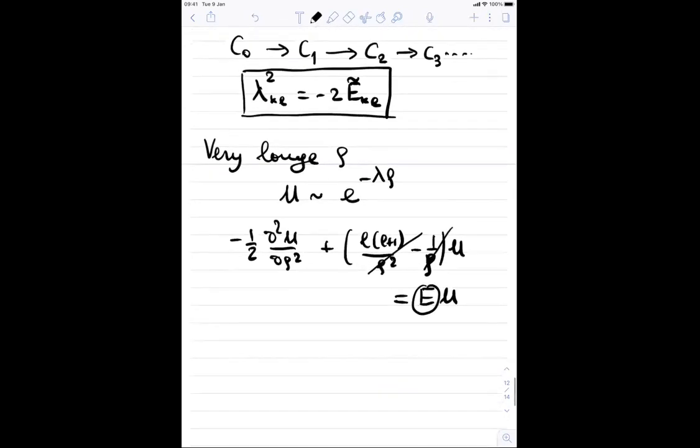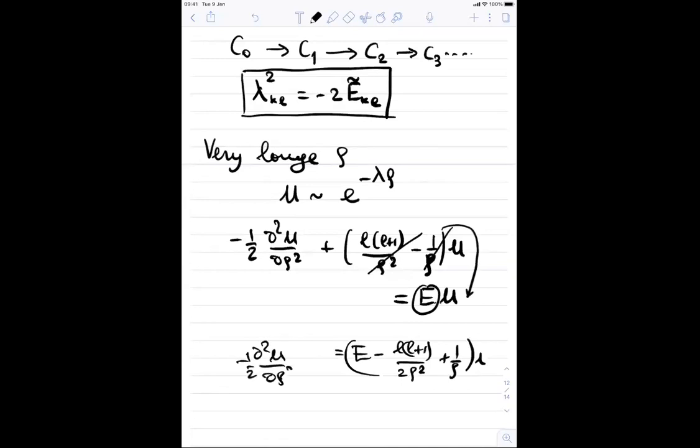So when you disregard these little terms with respect to E, I'm writing here that the second derivative, bringing this to the right-hand side, should be equal to E minus L plus 1 divided by rho square, whatever, there is a factor 2 probably, plus 1 over rho, times u. This is the equation you have: minus 1/2 the second derivative equal to that. Now, for very large distances, this and that should not matter.